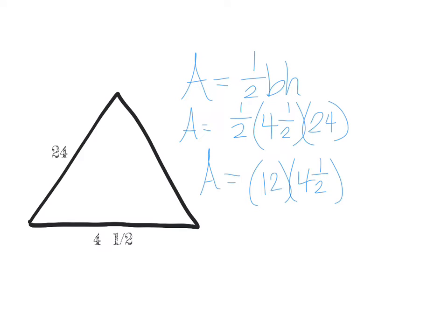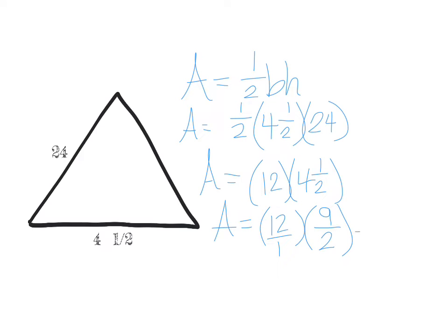And when I'm multiplying by a mixed number, I'm actually going to change it to an improper fraction in order to multiply. So I will rewrite 12 as 12 over 1, so that it's also a fraction. And 4.5 as an improper fraction, I will multiply 2 times 4, which is 8, add 1, which is 9, and put it over our original denominator of 2.